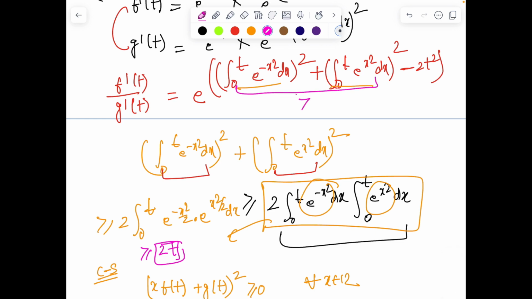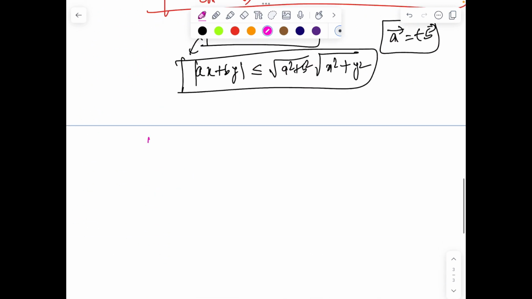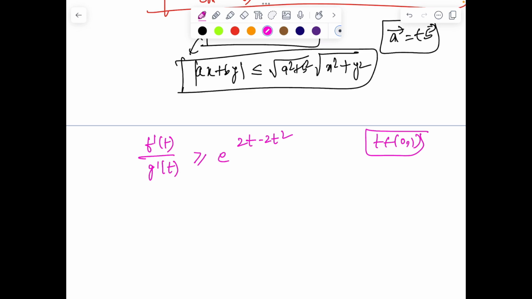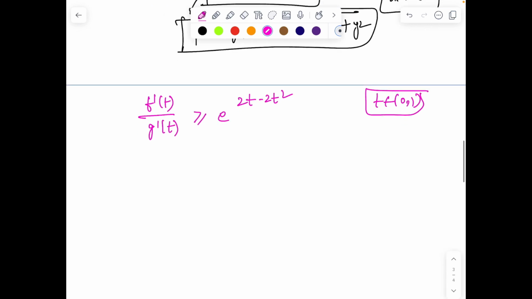This is always greater than or equal to, now we have proved it's 2t. So f dash t by g dash t is greater than or equal to e to the power 2t minus 2t square. And since we know t belongs to 0 to 1, according to the problem statement, we want to integrate from 0 to 1. So in 0 to 1, clearly 2t will be more than 2t square, right?